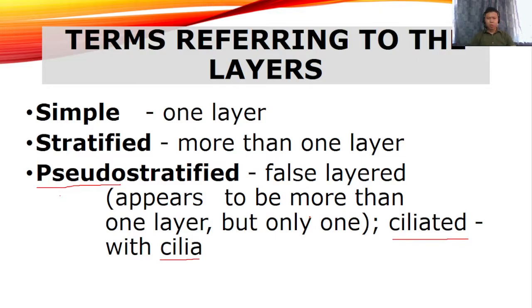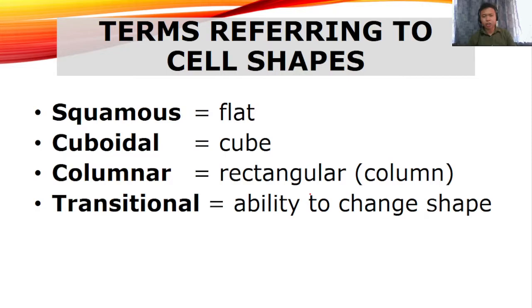Moving forward, we have the shapes. Terms referring to cell shapes: when we talk about squamous, it means flat. When we talk about cuboidal, it means a cube-like shape.